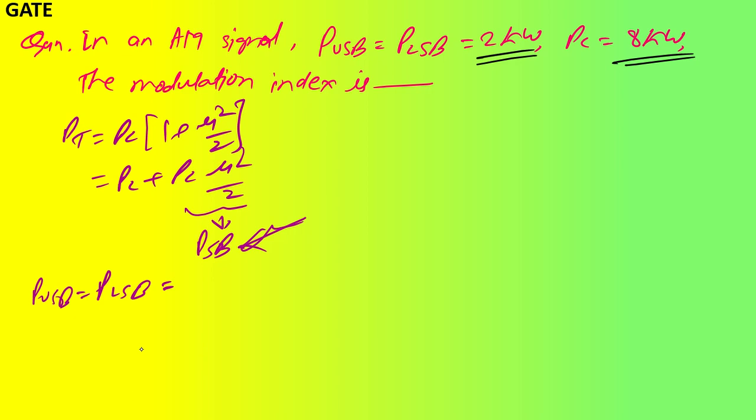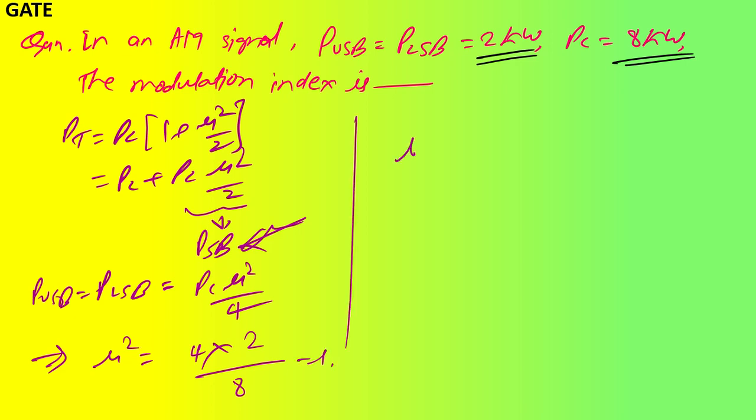So that is nothing but PC into mu square by 4. Okay, so you can relate very easily what will happen. From here you can relate, PC is already given and USB, LSB are already given. So mu square can be written as 4 times P LSB, that is 2, divided by PC, that is 8. Okay, so 8 by 8, that is 1. So mu is equal to 1 or 100%.